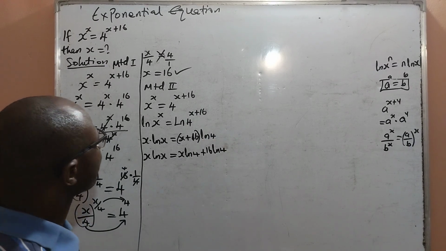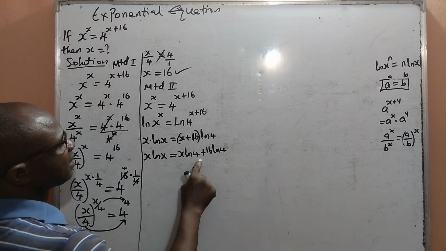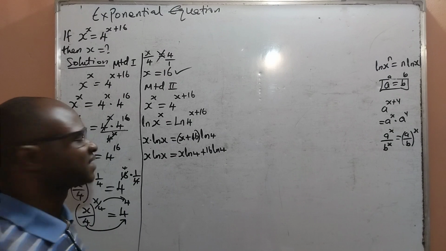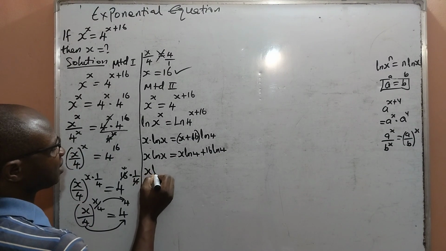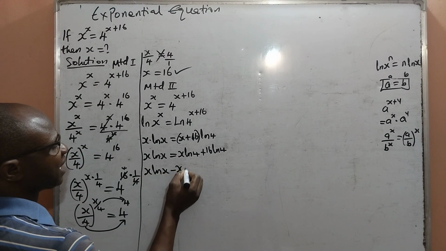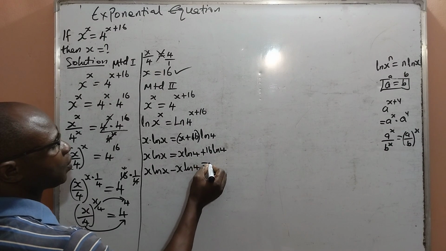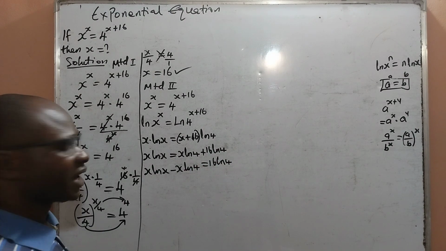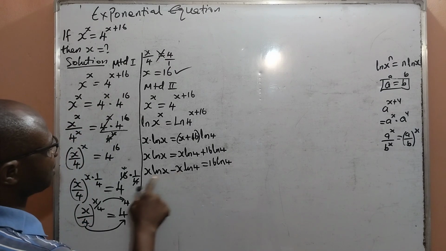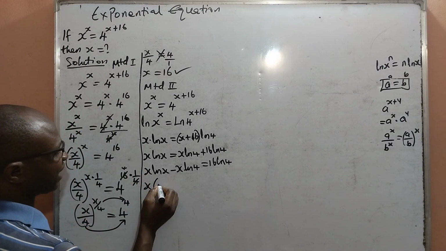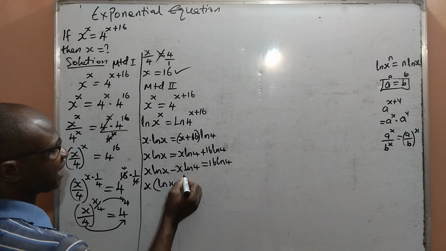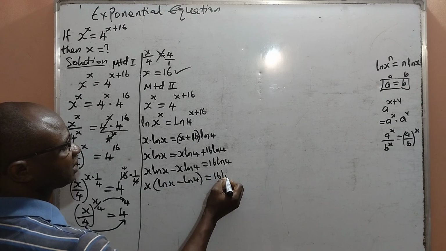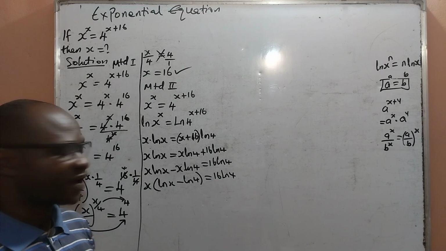Very good. At this point, from the right hand side, I will move x ln 4 to the left hand side, and that is going to give me x ln x minus x ln 4 equal to 16 ln 4. Okay, on the left, x is common, so I can factor it out to get x times ln x minus ln 4 equal to 16 ln 4. Very good.